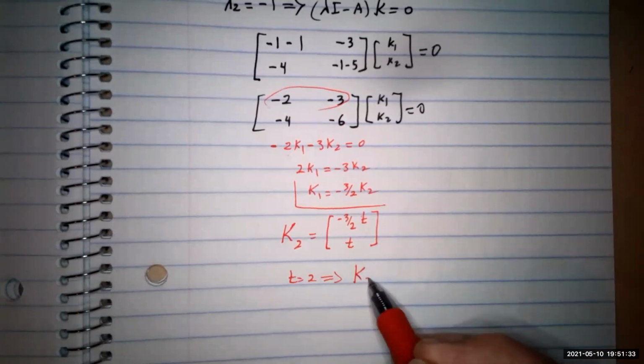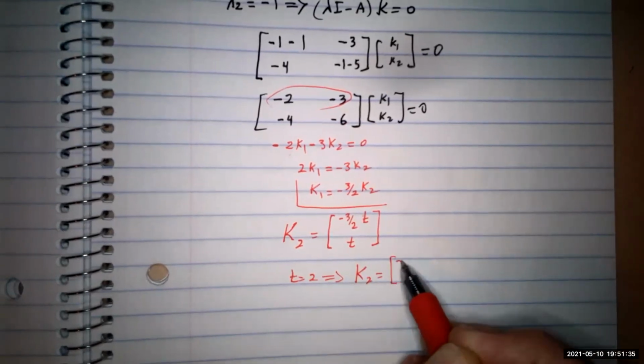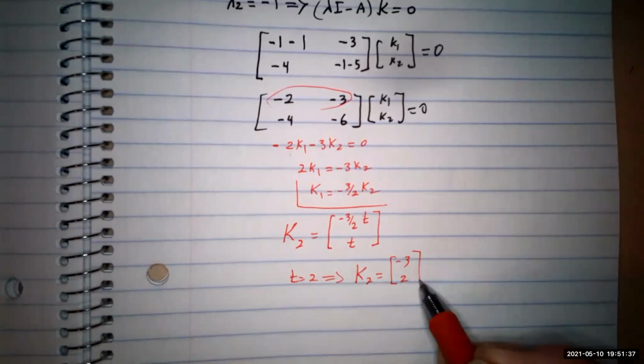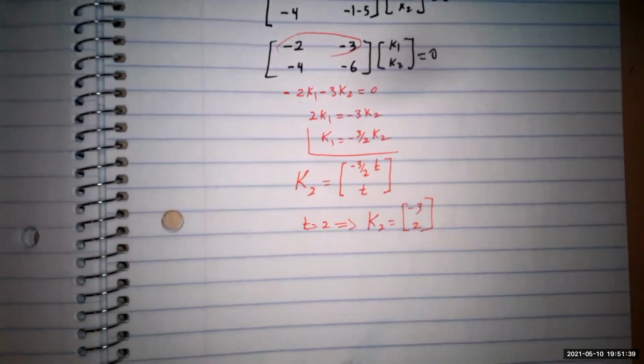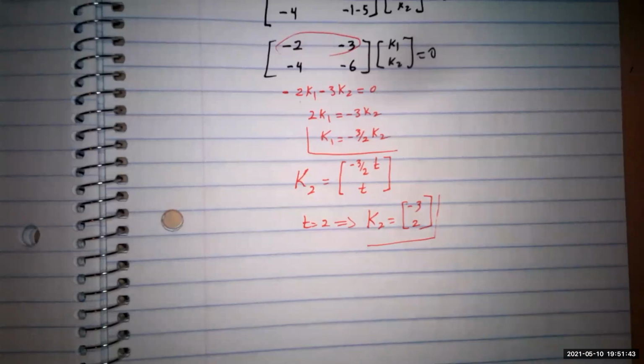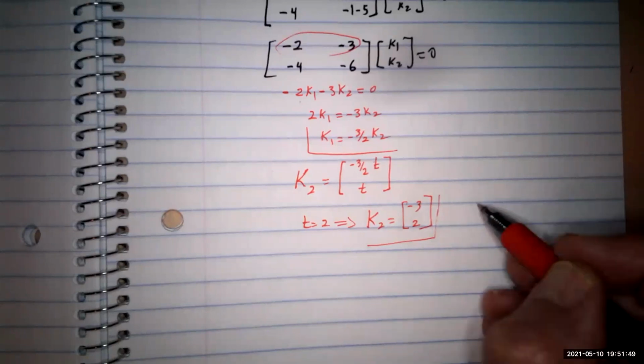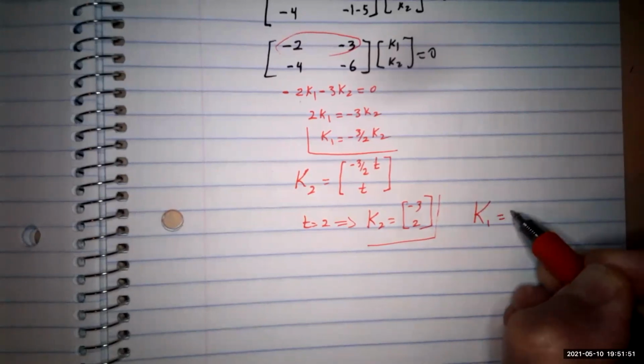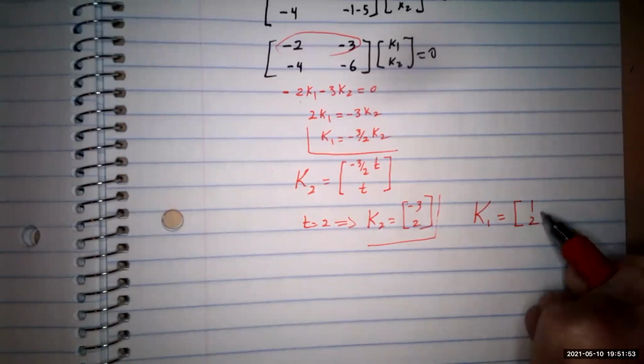So your K2 is going to be -3 and 2. You need only one vector. So that's the K2. Remember K1 was 1 and 2.